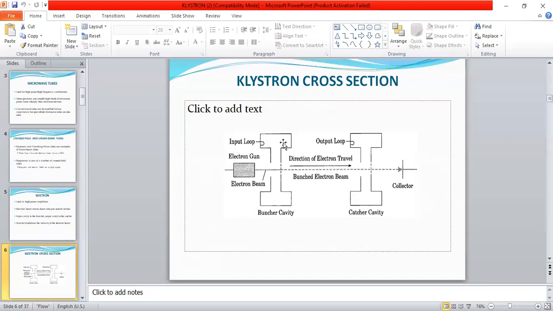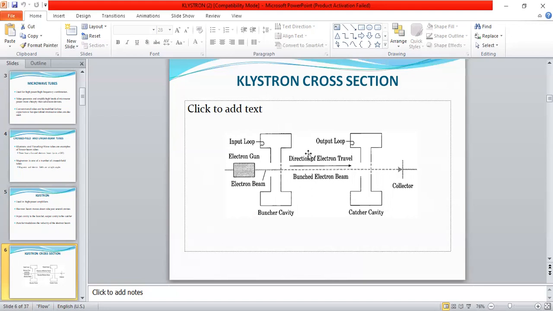If you have four cavities, we call it a four cavity klystron amplifier. If you have six cavities in the structure, we call it a six cavity klystron amplifier. Among the six cavities, two cavities are the input and output, and the remaining four cavities are intermediate cavities.